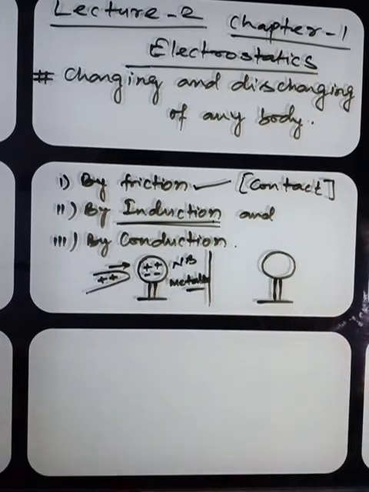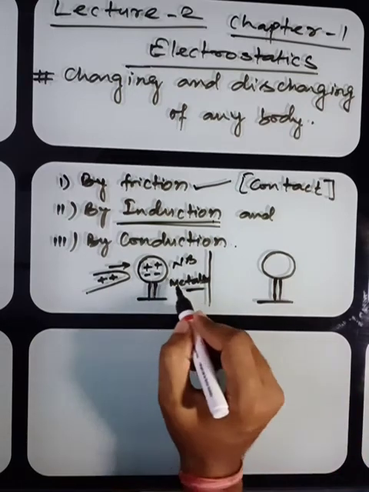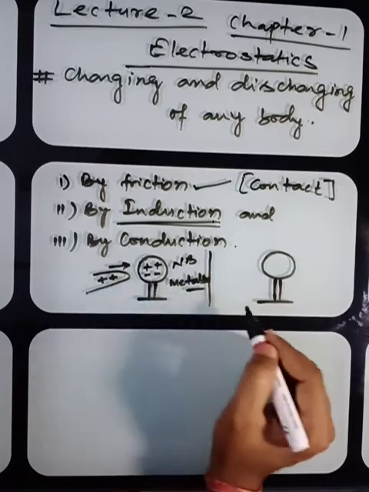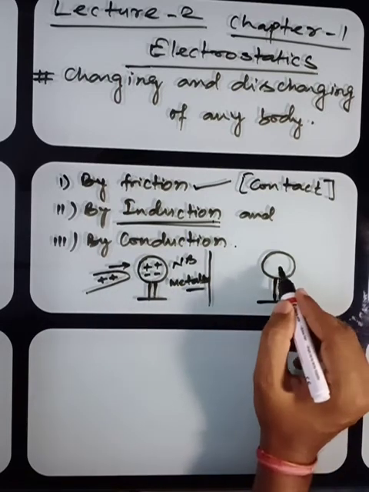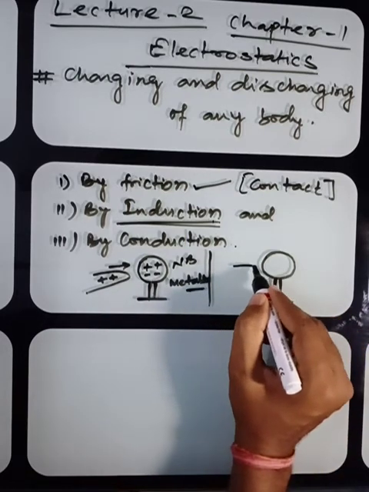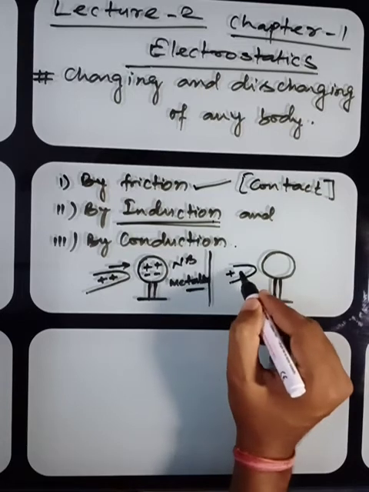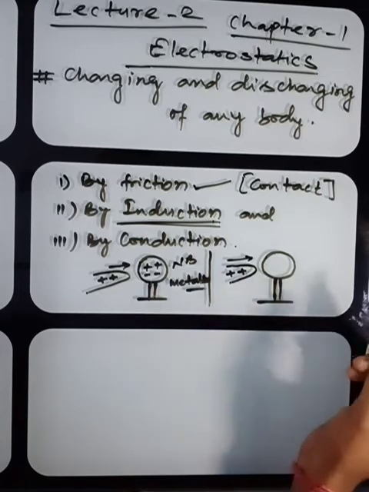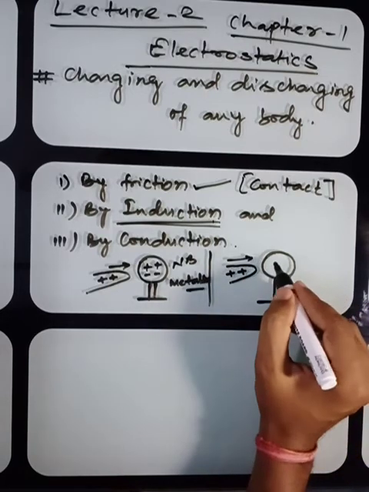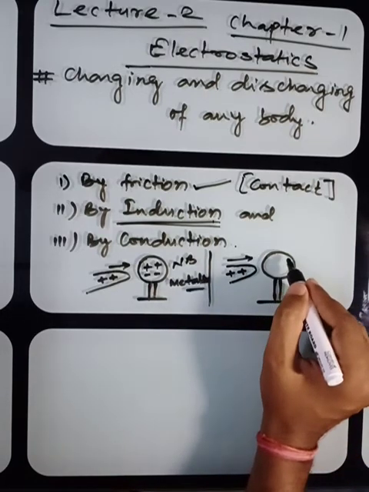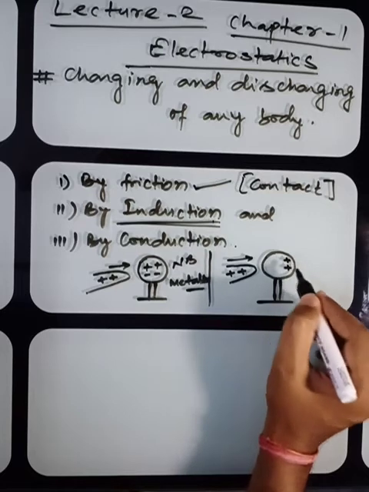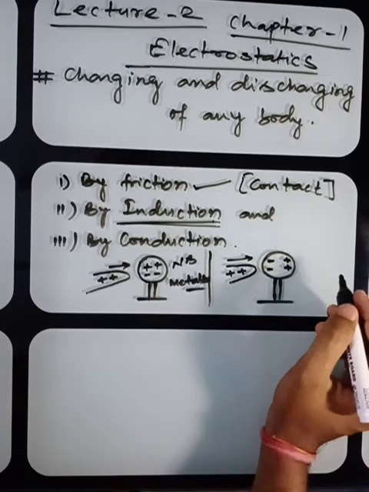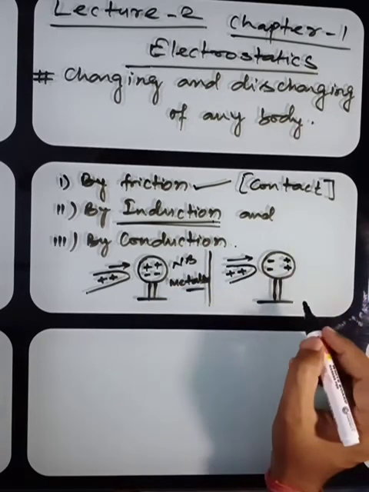Remember, this metallic body is neutralized by any method. As you keep this rod near the body, what will happen? The positive charge will move away and negative charge will be attracted towards the rod.